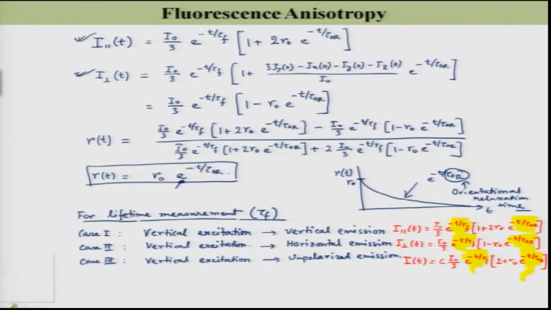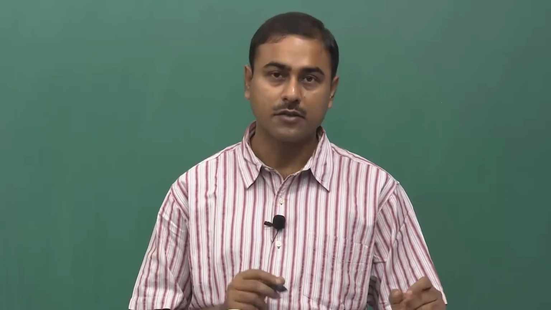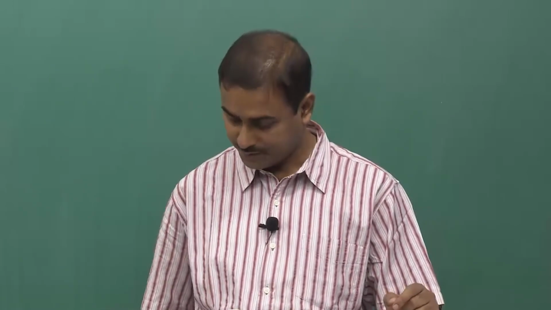But you wanted to measure only the tau f, and you end up measuring a mixture of tau f and tau r, and you will never get the fluorescence lifetime, that is defined as the tau f. But what is the prescription now for the measurement of fluorescence lifetime alone? That we are going to discuss now.